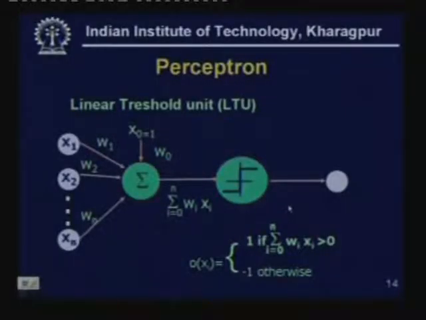If the correct function is not being computed, we will change the weights so that the correct function can be computed. So, what we normally do in training a neural network is we start with an initial arbitrary value of the weights, and we inspect the data that we have got.